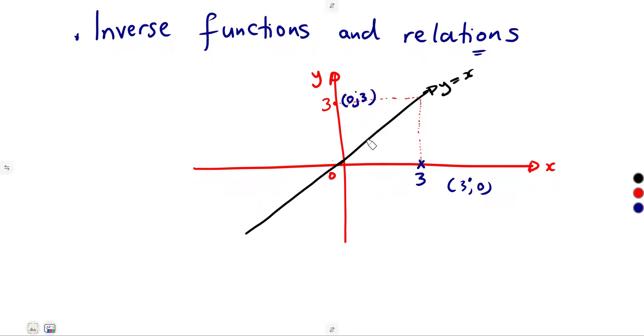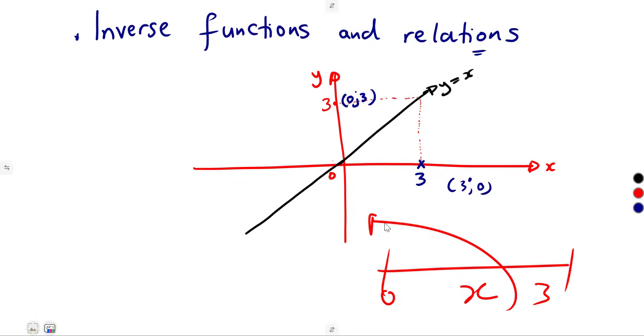Let's say you're talking about range, those are y values from 0 to 3. What was your range will change to be the domain of the other one, because we have reversed what was x.